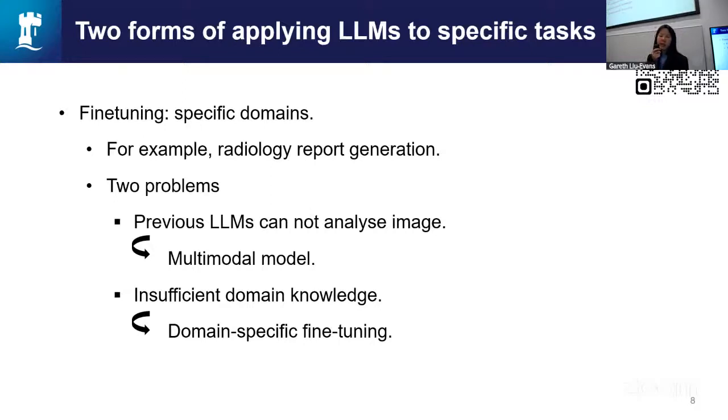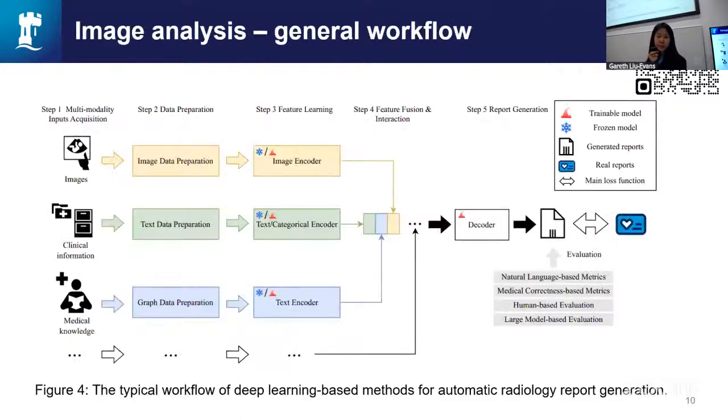And the next is that they do not have this domain knowledge, so we need to do domain-specific fine-tuning. For the first problem, I will first show you a general workflow for deep learning-based methods, and then show how the large language model-based methods align with it.